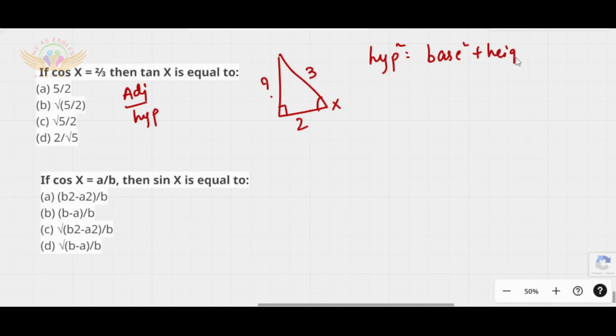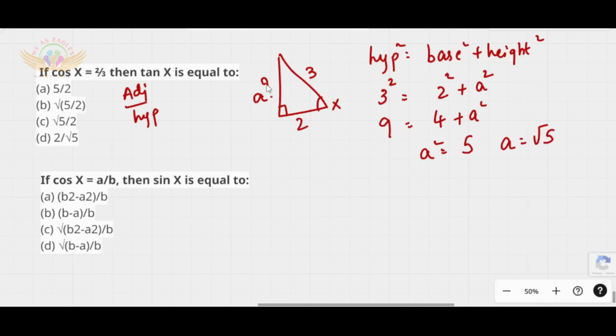So 3 square is equal to 2 square plus, assuming the height as a, a square. 9 is equal to 4 plus a square. So a square is 9 minus 4, which is 5, and a is root 5. So we got the height as root 5.